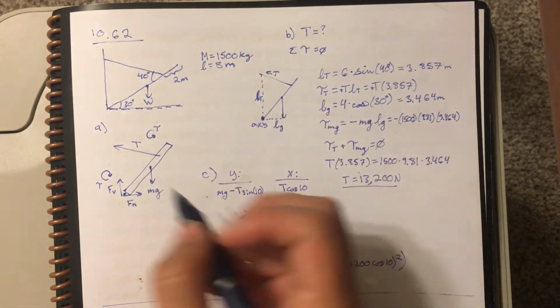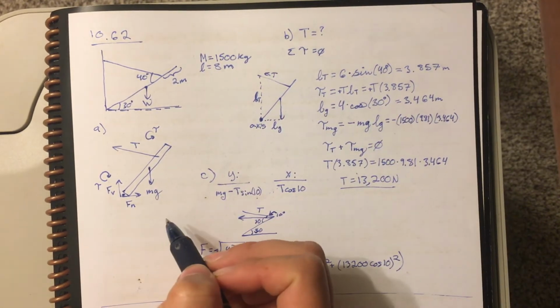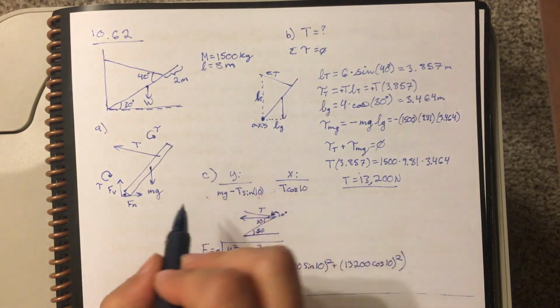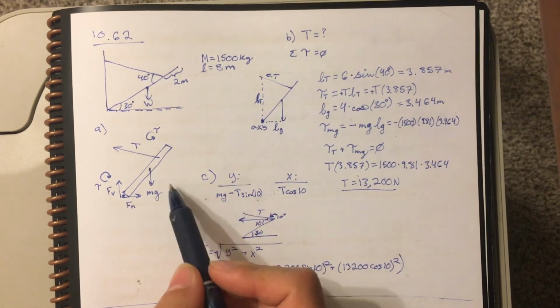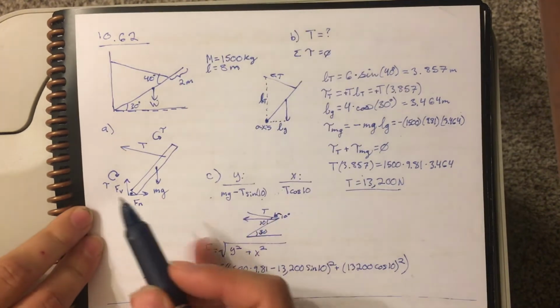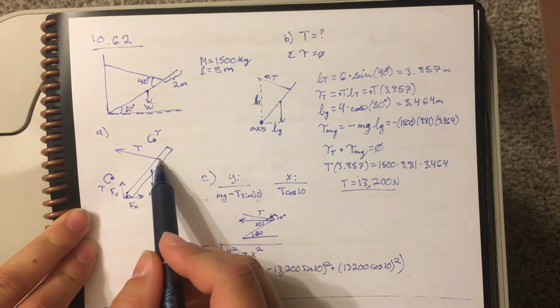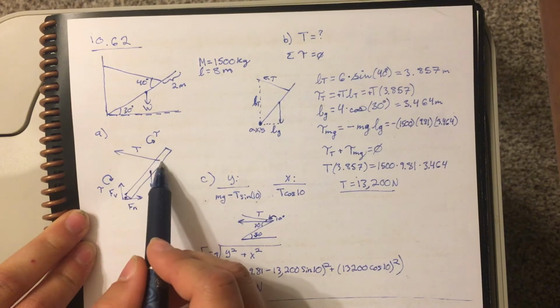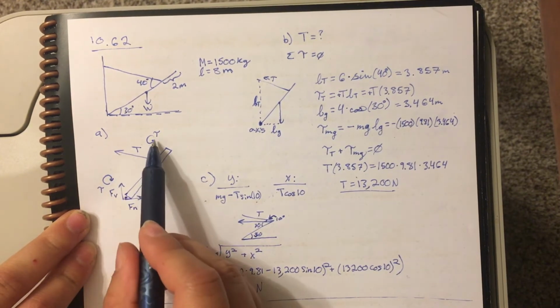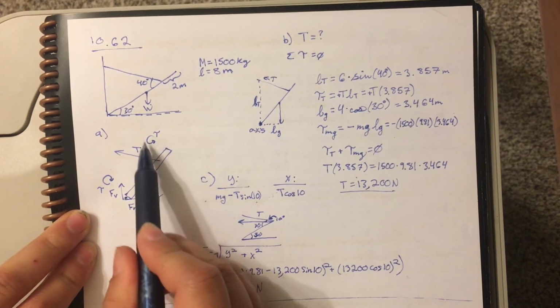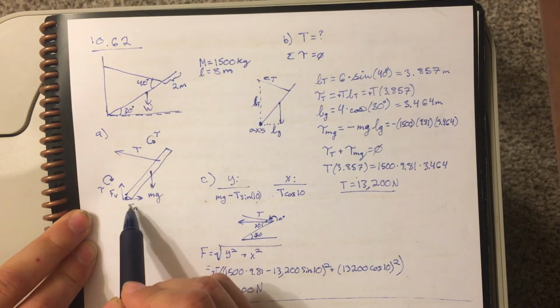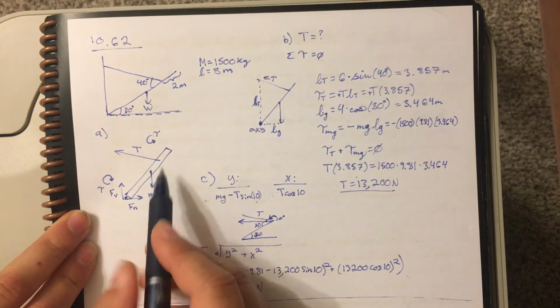A, make a free body diagram of the beam. So first we'll do that. We know that the beam is stationary, so we see here we've got the torque, tension going this way and pulling a torque in a counterclockwise direction. And then you've got mass times gravity, right?